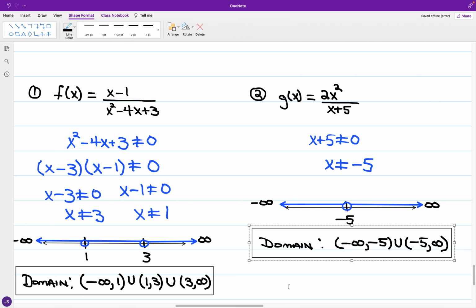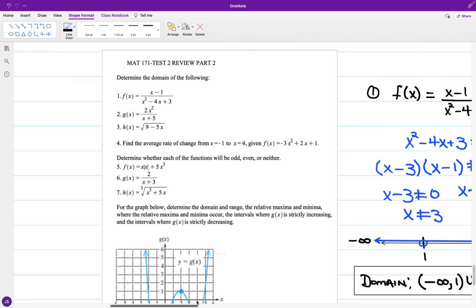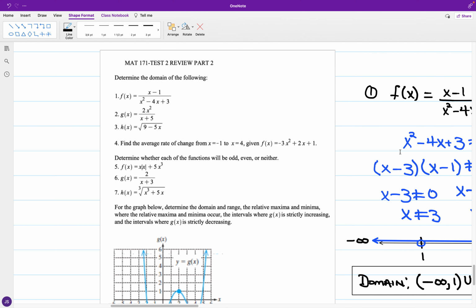Okay. Now, for the third function, we have h of x, and we have that as the square root of 9 minus 5x.